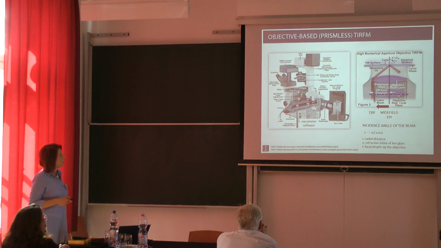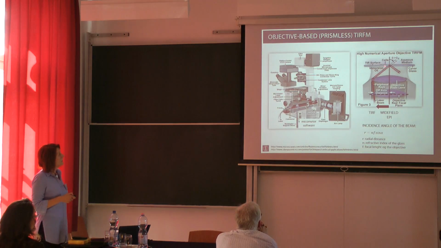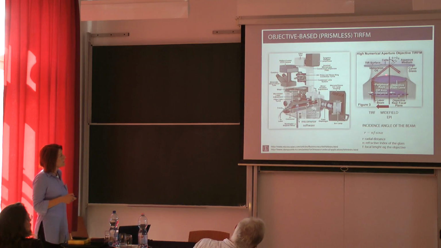If we have a wide field illumination, then the laser beam goes along the optical axis of the objective. That will result in the illumination of the whole sample. If you want to have the laser beam incident to the surface of the glass and your sample, you have to have the angle of incidence larger than the critical angle. This is achieved by putting the laser beam in an off-axis position.